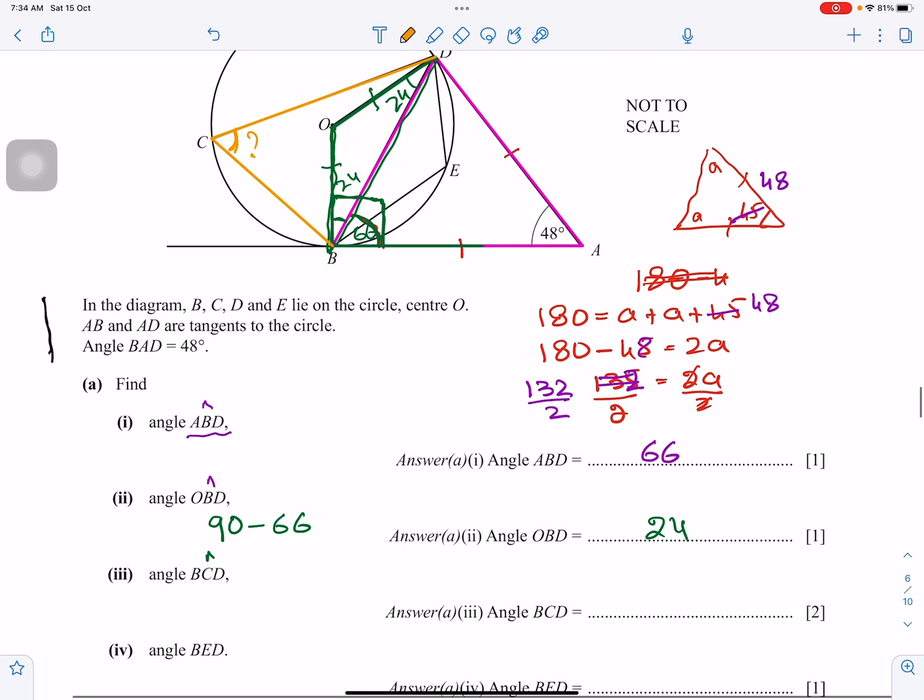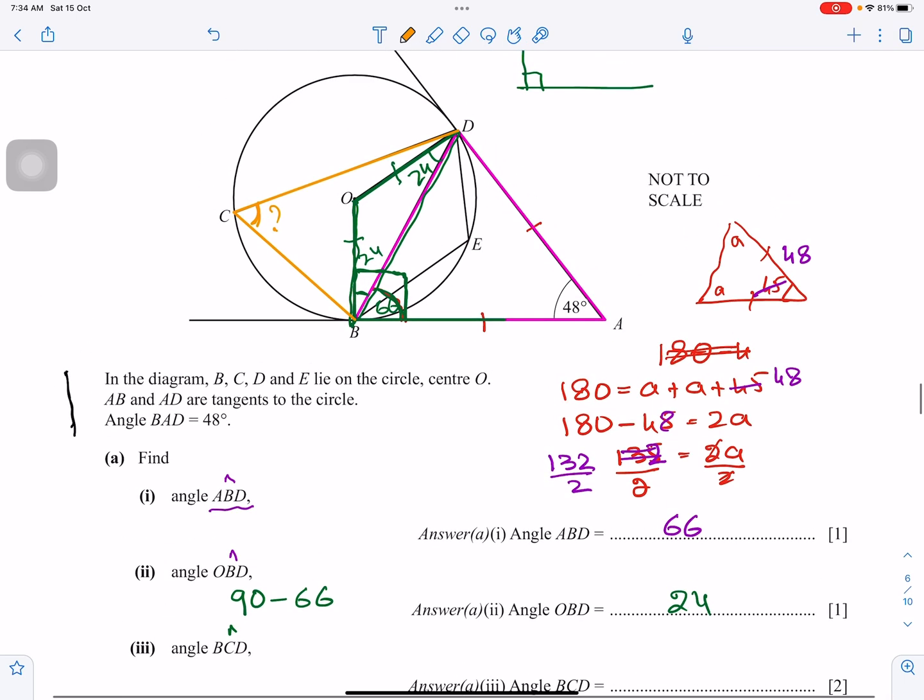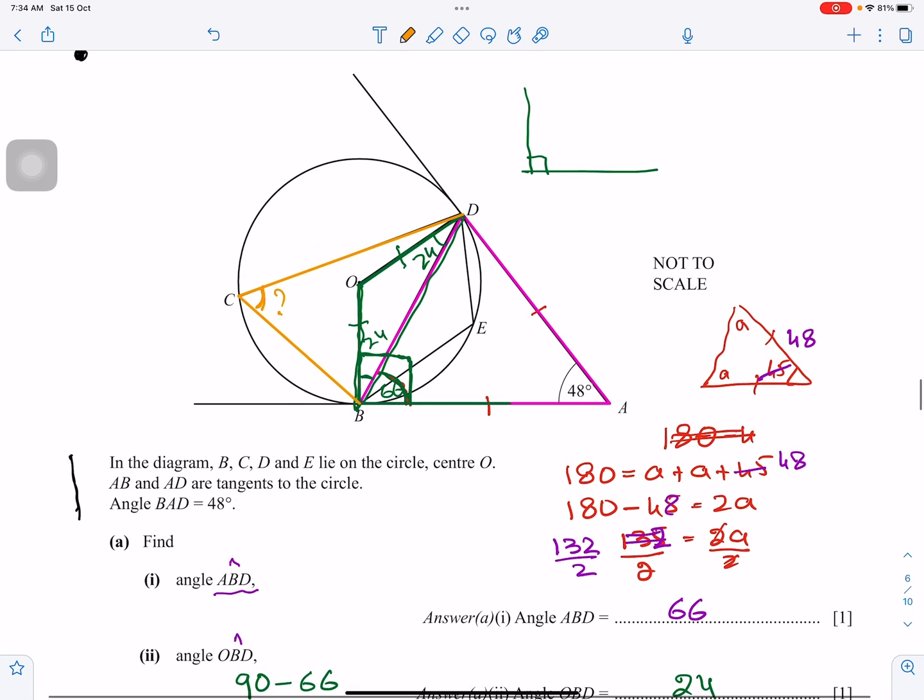Because you see, if a question has only 1 mark, 2 marks, it means something simple is there which you have to figure out. So can I erase the rest of the things so that it makes more sense to you? Or let me do it here separately so that you can recall. Now if you remember, in the circle theorem, we learn one thing.